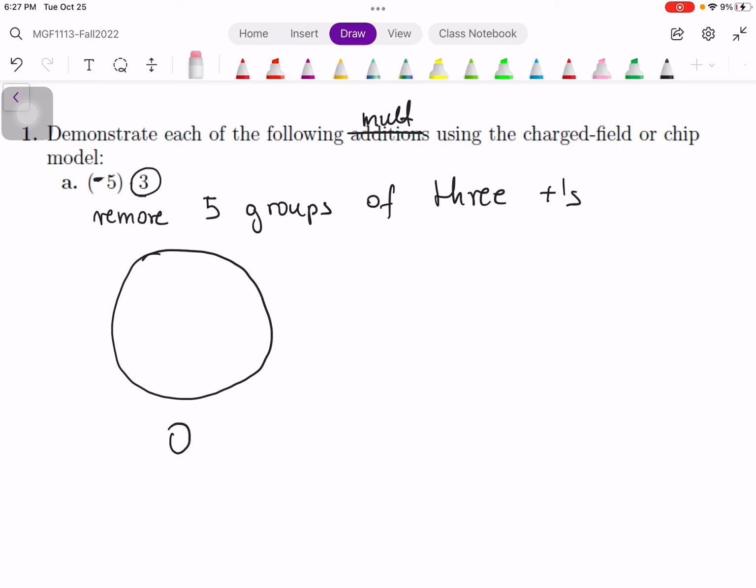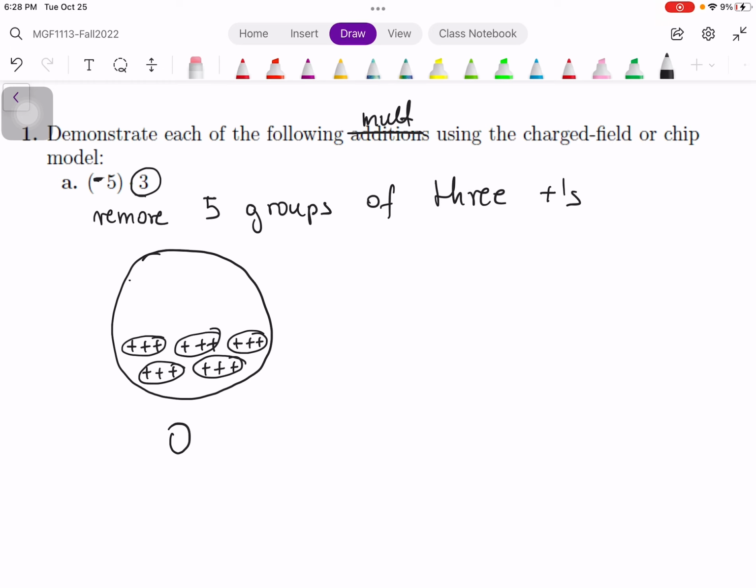Since I'm going to remove 5 groups of 3 pluses, let's draw 5 groups of 3 pluses. So 3 pluses, that's 1. That's the second group, that's the third group, fourth group, and fifth group.